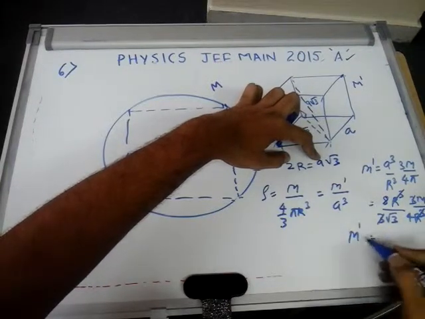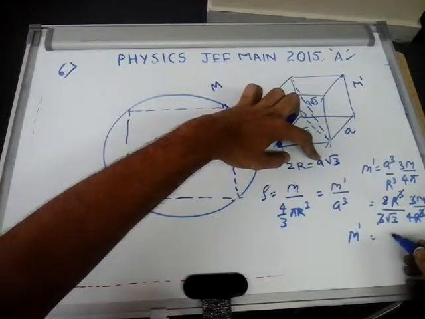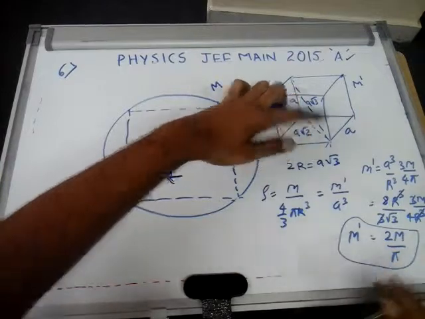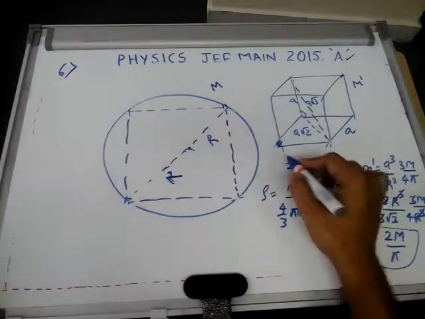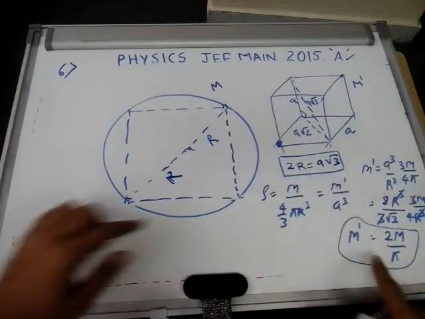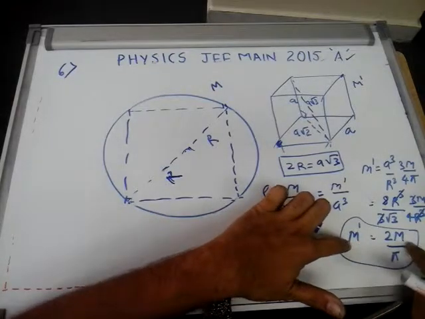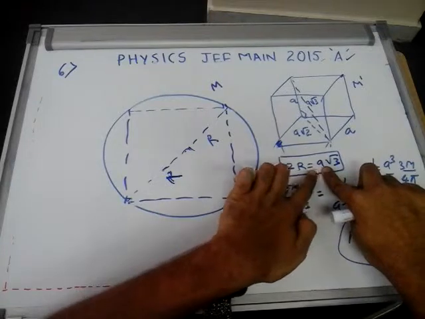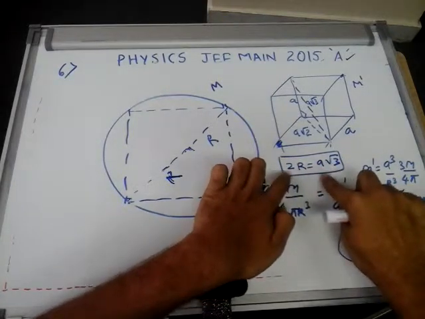Now I am getting m dash is 8m by 4 pi, that is equal to 2m upon pi. This is the mass of the cube. So the mass of the cube is 2 by pi times the mass of the full solid sphere. The side of the cube is 2r by root 3 from this relation.